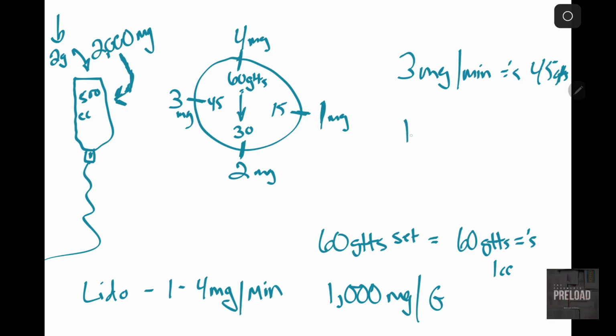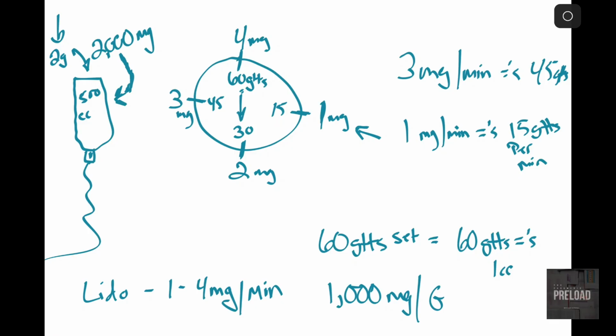Cool. 1 milligram per minute equals 15 drops per minute. So if I give 15 drops per minute, that patient's going to get 1 milligram. If I give 30 drops a minute, they get 2 milligrams. If I give 45, they get 3. And if I give 60 drops, they get 4 milligrams.